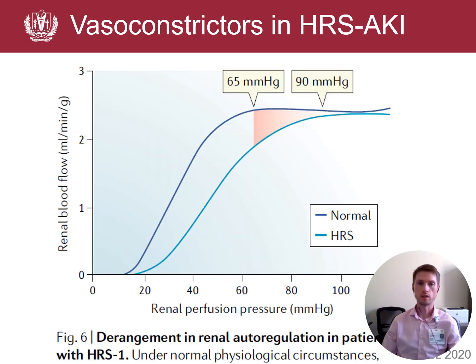What is the idea of vasoconstrictor therapy in hepatorenal syndrome? Well, patients with hepatorenal syndrome may actually have different autoregulation of the renal blood flow and be much more susceptible to decrease in the renal perfusion pressure compared to normal physiology.